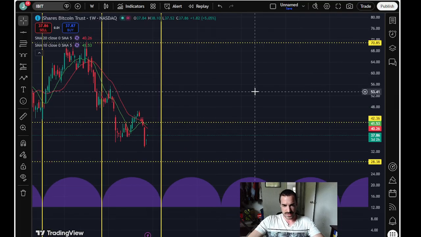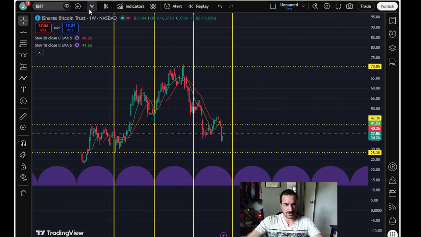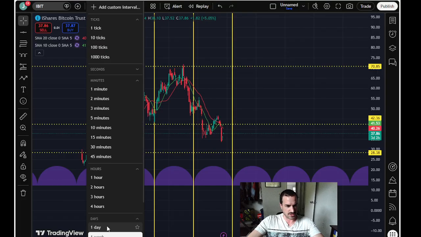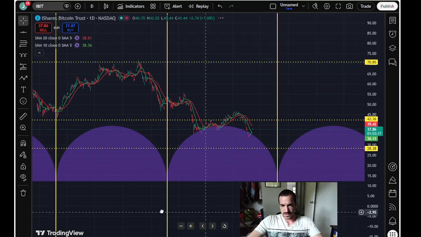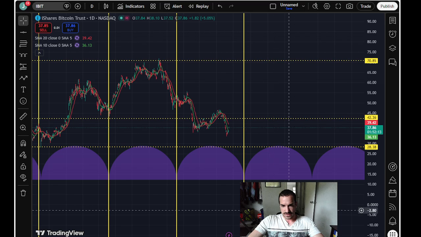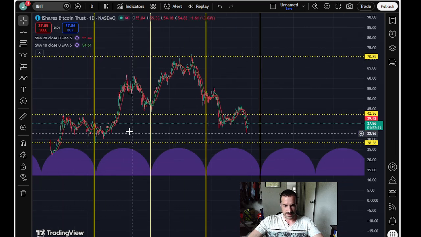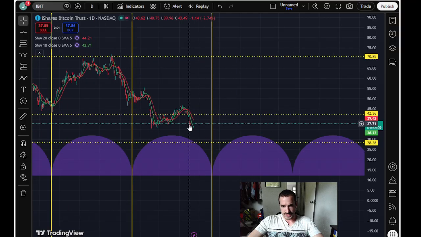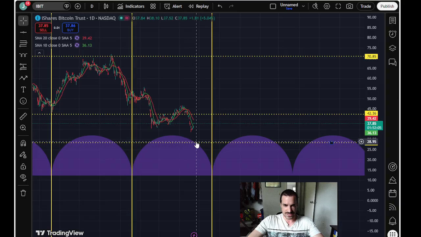So this is pretty obvious to me out of all of them so far. This is the daily. Yeah, this is very obvious. So there's going to be some droppage down to 28. It's at 37, so really it's not that much in the next 2 months.